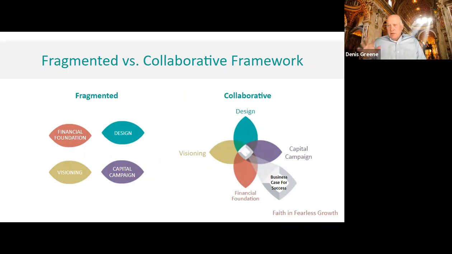So in my history, and my co-workers will testify to this as well, most churches pursue a new facility in a very fragmented approach. These 4 parts are the critical parts in making a successful facilities change in the life of the church.